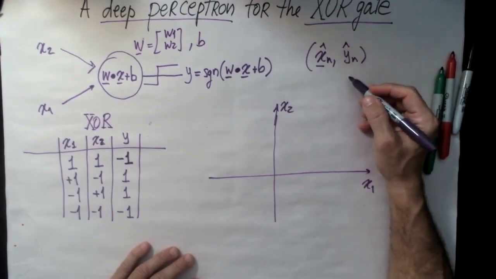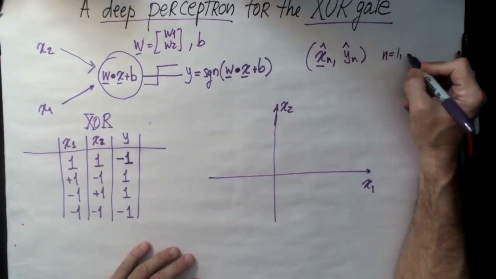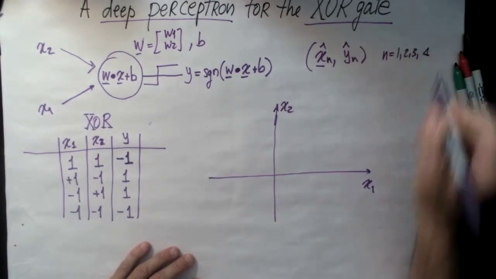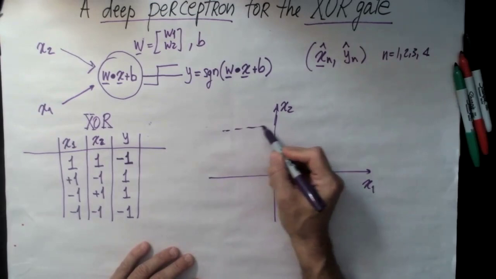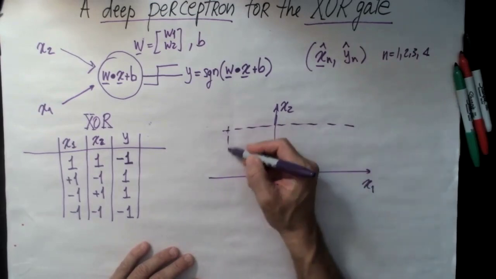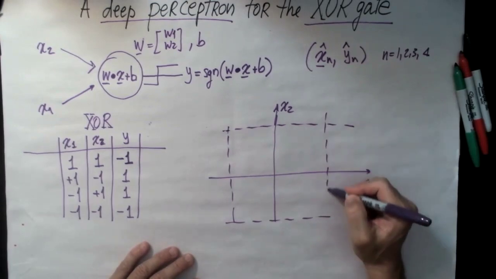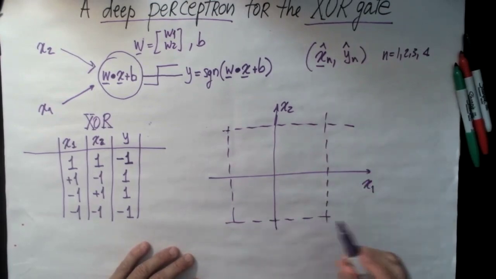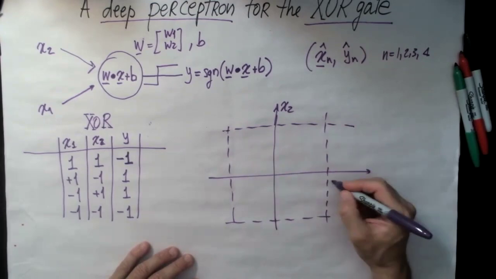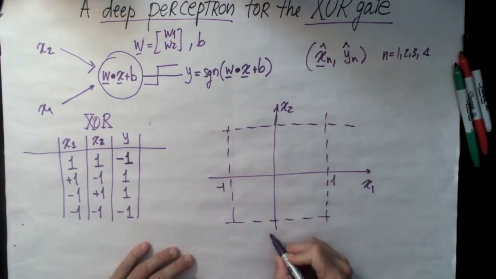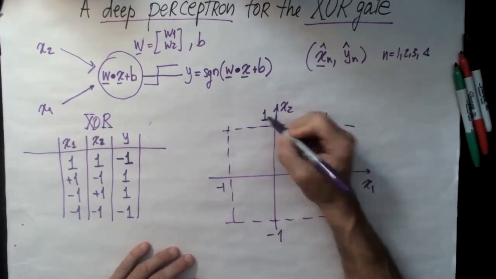In this case, the output y for n equal 1, 2, 3, and 4. So the data points are 1, -1, -1, and 1.